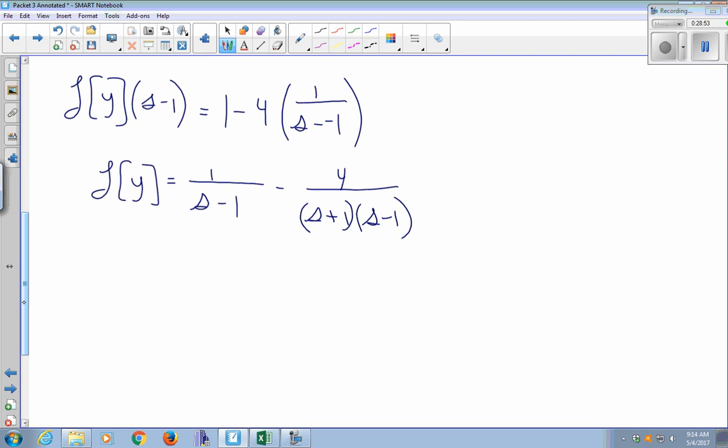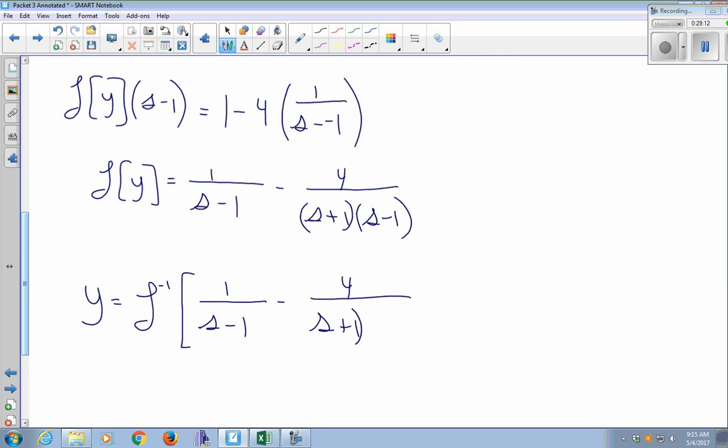All right, so I know the Laplace of y. I'm close. I just need some way to go backwards. So I'm just going to use the inverse Laplace. So y is the inverse Laplace of 1 over s minus 1 minus 4 over s plus 1, s minus 1.